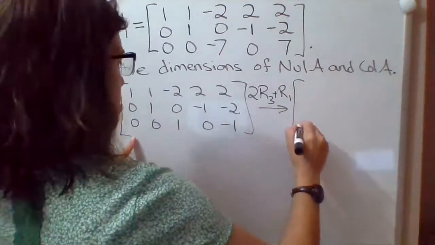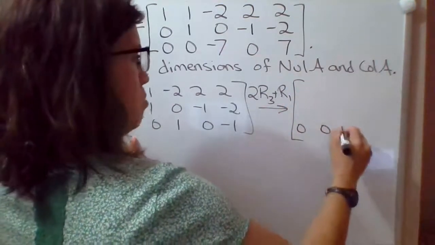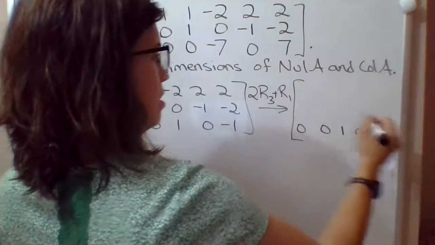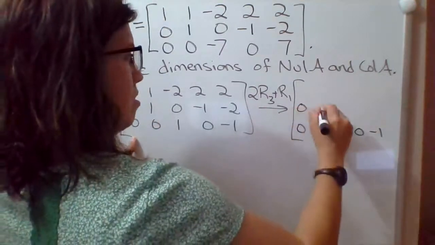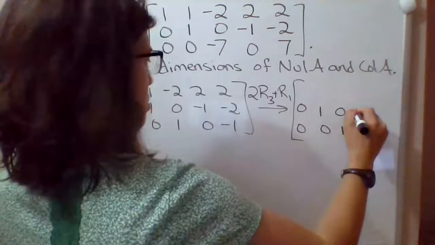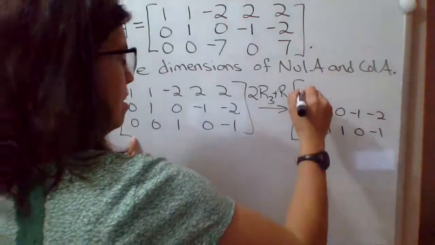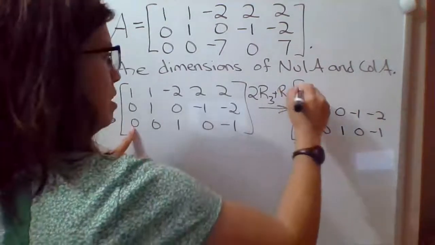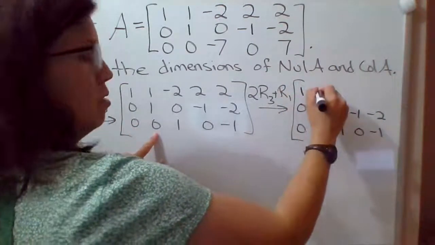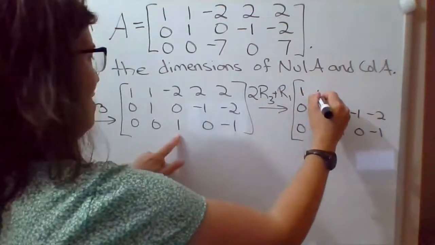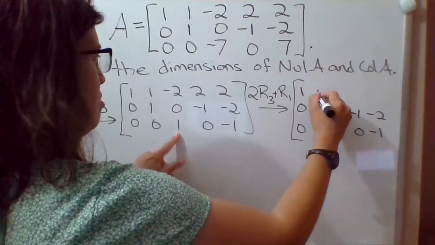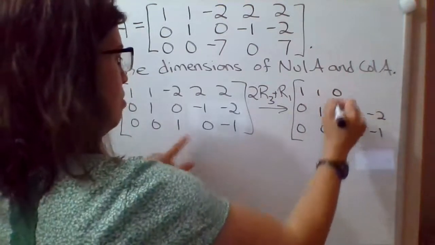Our last row is 0, 0, 1, 0, -1. This row is going to stay the way it is. The new row 1 will be 1, then 2 times this, so 2 plus -2, that's 0.